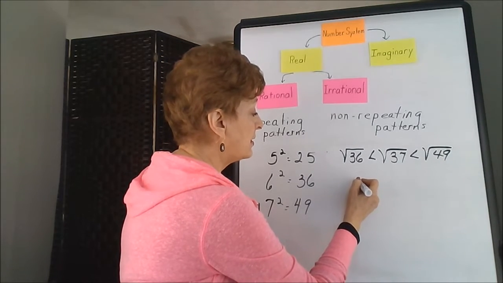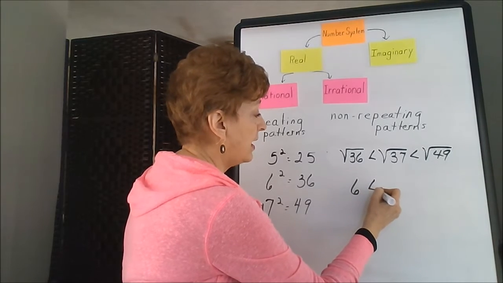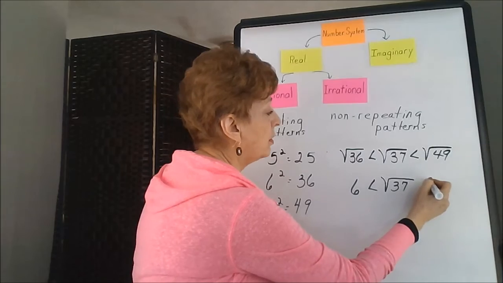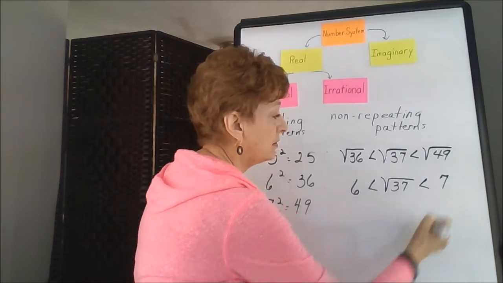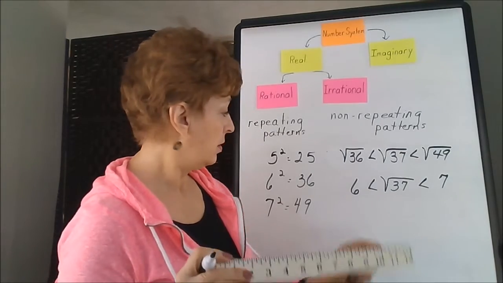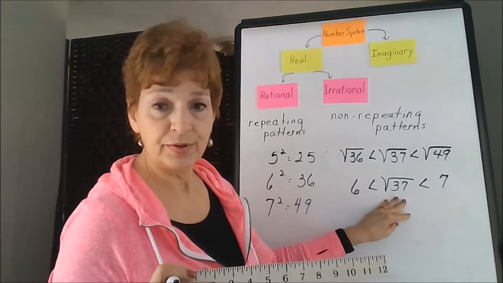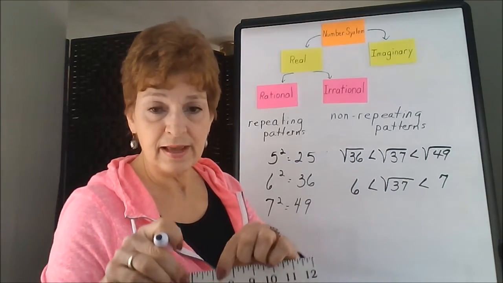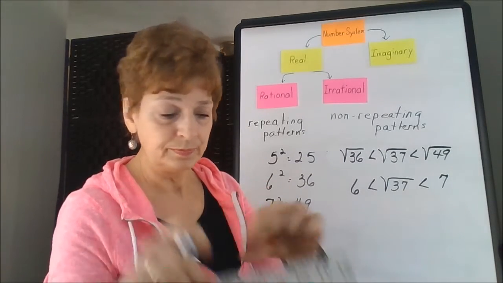So we would say that 6 is less than, we don't know the value of this prime square root, which is less than 7. So now we know that our radical 37 comes somewhere between the 6 and the 7 on the number line.